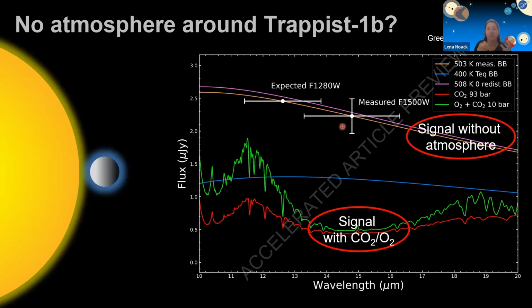Of course, we need multiple measurements. We can also have CO2 atmospheres with hazes that would also give us a signature similar to what has been measured. So there's still some evaluation going on right now, but it looks like TRAPPIST-1b may actually not have an atmosphere, or maybe just a very thin atmosphere of CO2 with hazes. What about TRAPPIST-1c?